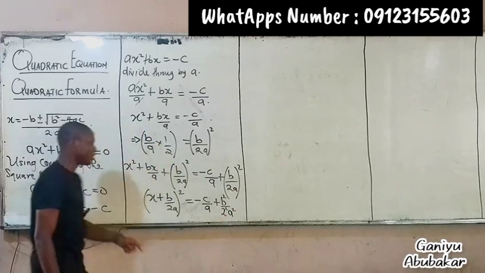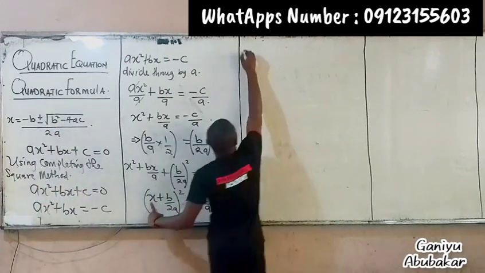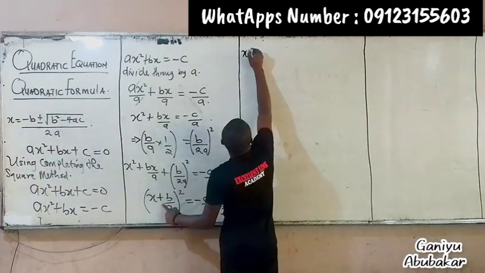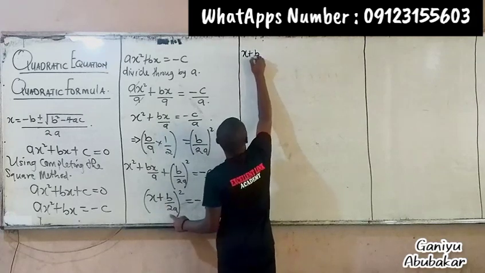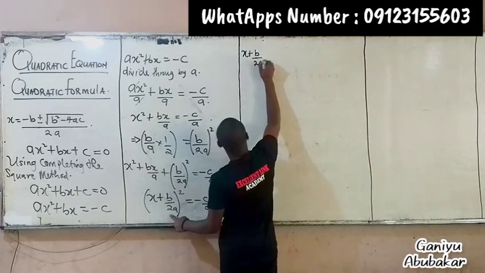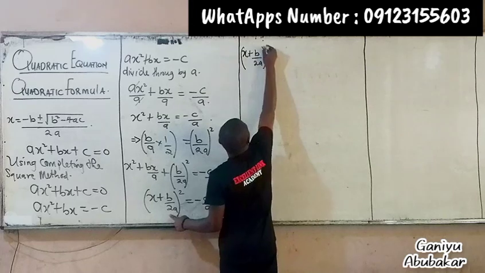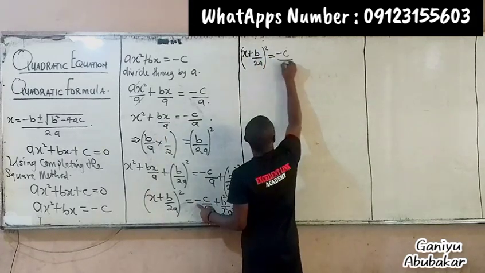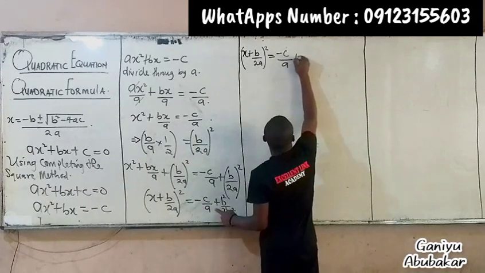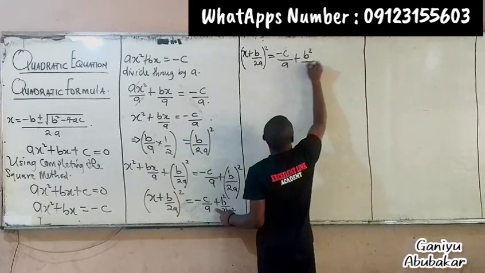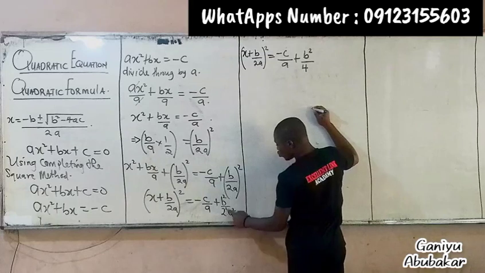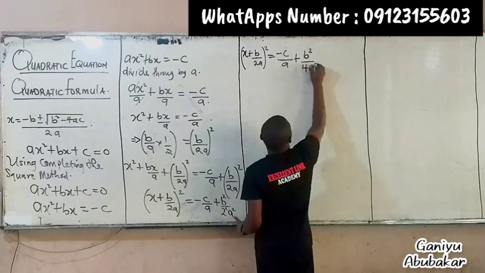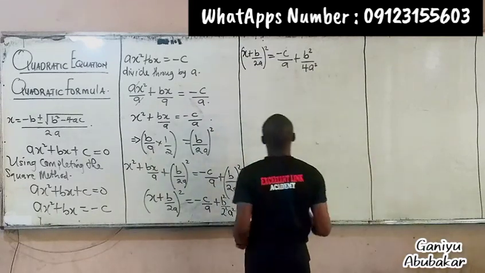There, I have this. Next up, I'll have x plus b all over 2a, all squared, equal in value to negative c all over a plus b squared all over 4. 2 squared becomes 4. Then a squared.